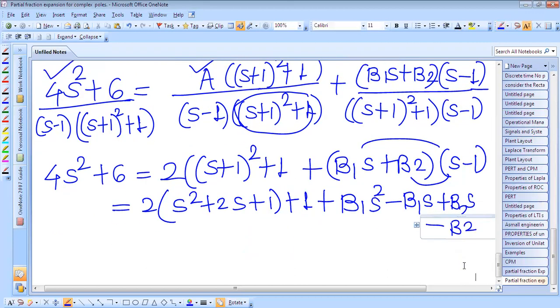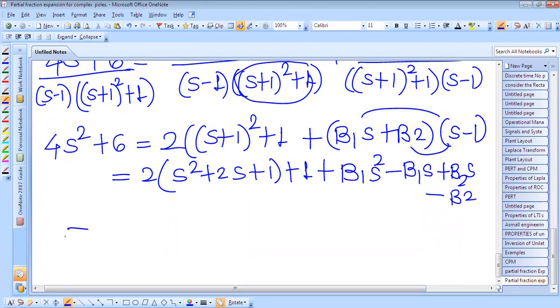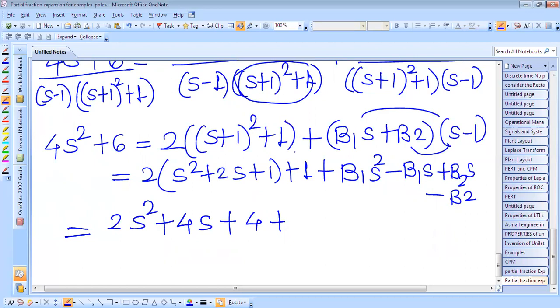Okay, so the terms will remain there: 2s square plus 4s plus 4.